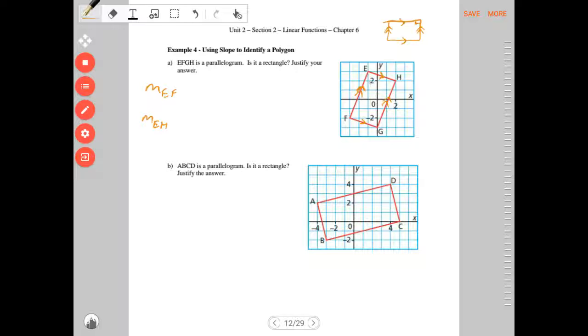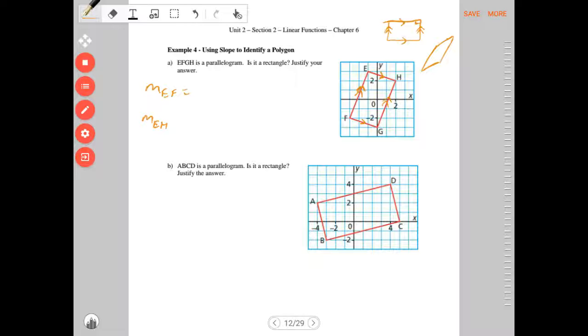If they're perpendicular, then the whole thing will be a rectangle. If they're not perpendicular, then of course it won't. You can be a parallelogram, but have, like, a really skewed one, where you can tell that there are no 90 degree angles. It's still a parallelogram. It's got two pairs of parallel lines. So that's what we're trying to check here.